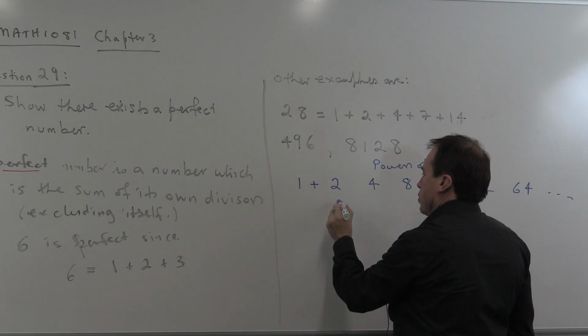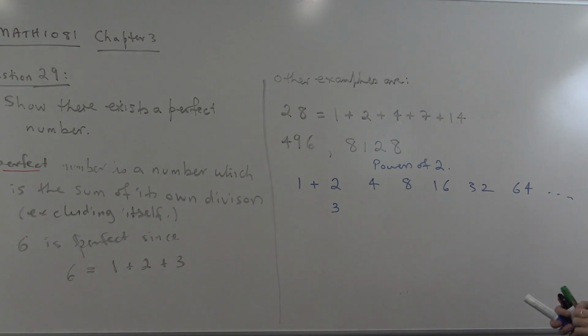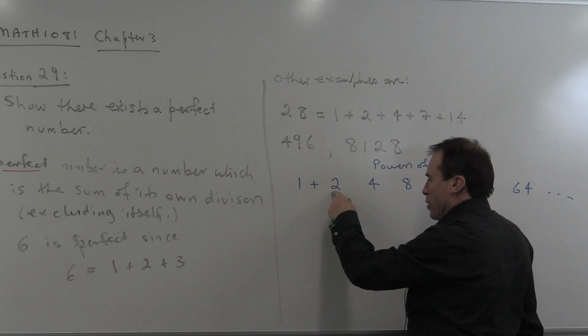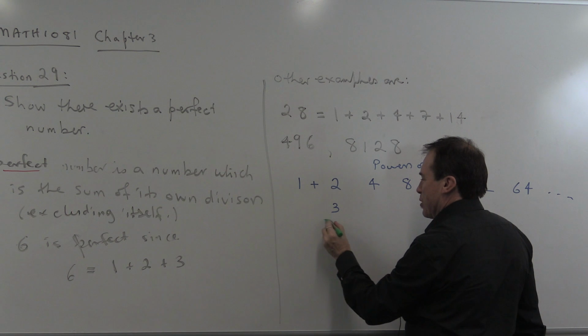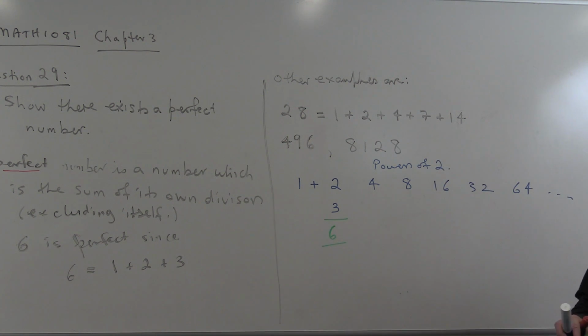So 1 plus 2 gives me 3. And I now multiply by the last number in my head. And so the last number in my head was 2. So I multiply these together and I get 6. Well, big deal. You happen to get 6.